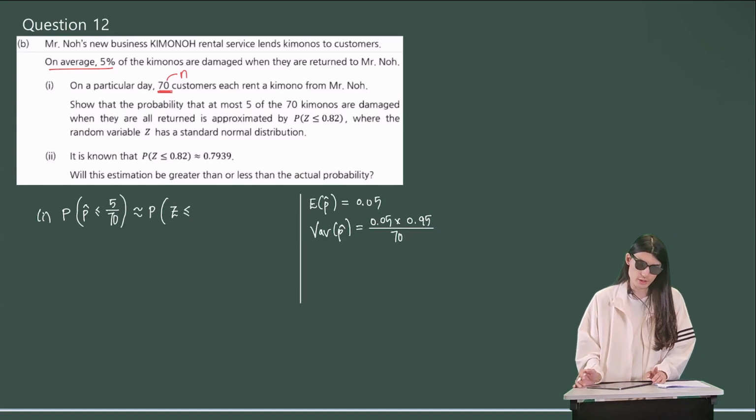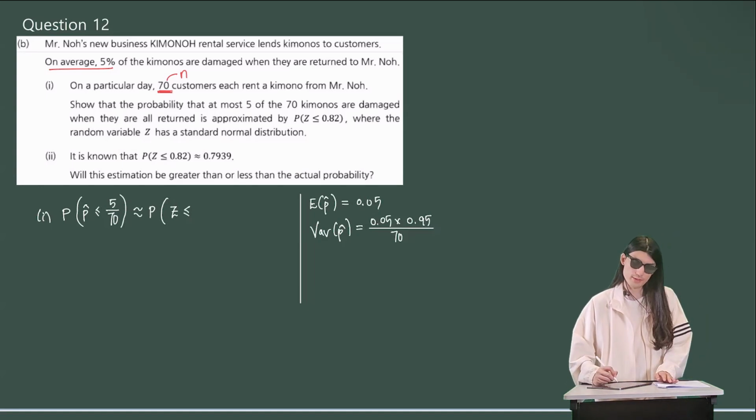And your standard deviation is the square root of this number, the square root of the variance, which you can write as 19 over 28,000.